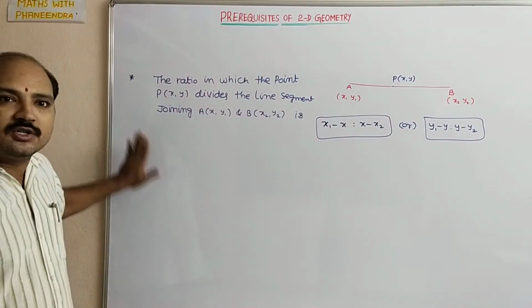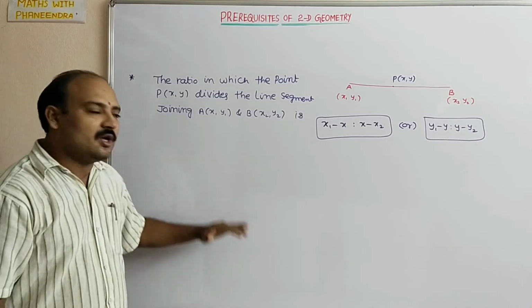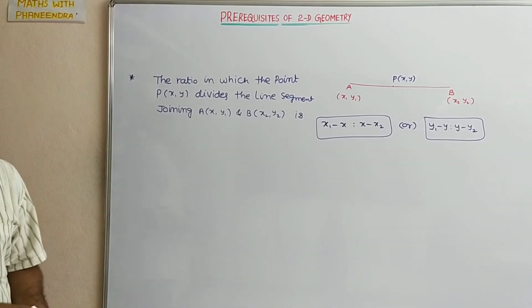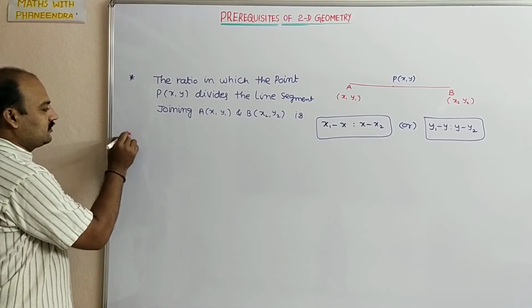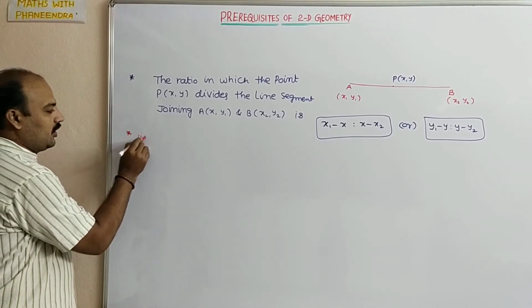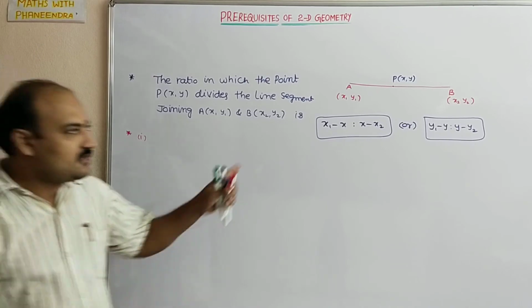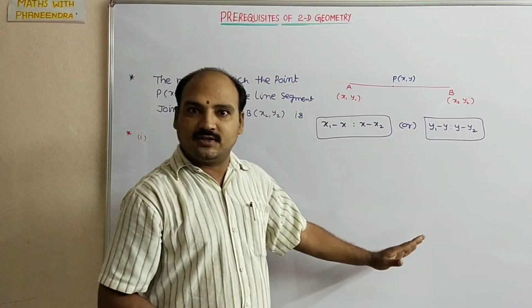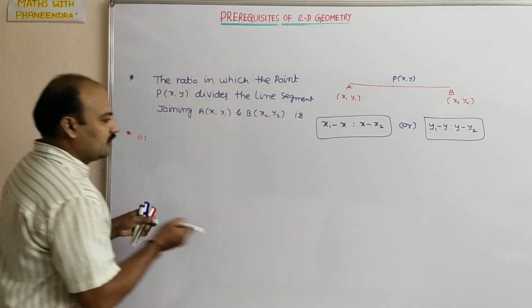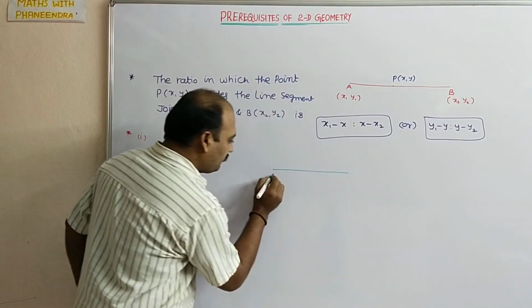After knowing this concept, we have two sub cases. See how it is. The sub cases. So point 1. Suppose this line joining points is divided by the x-axis. I will draw the figure.